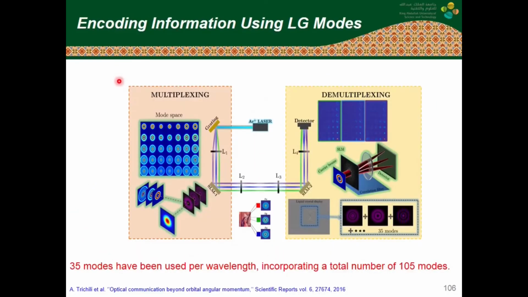A few years ago, we were among the first to demonstrate that it's actually possible to encode information over the full Laguerre-Gaussian mode basis using a supercontinuum laser and two spatial light modulators. We were able to generate and detect a total number of 105 modes over 3 different wavelengths. So basically 35 modes per wavelength.